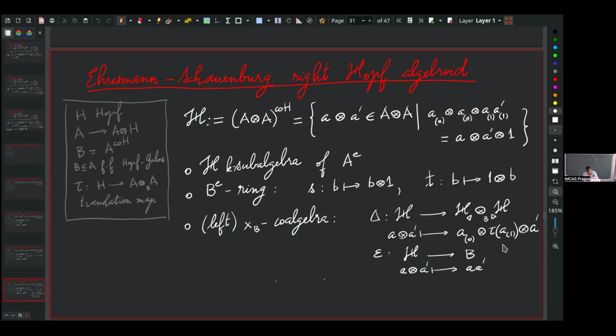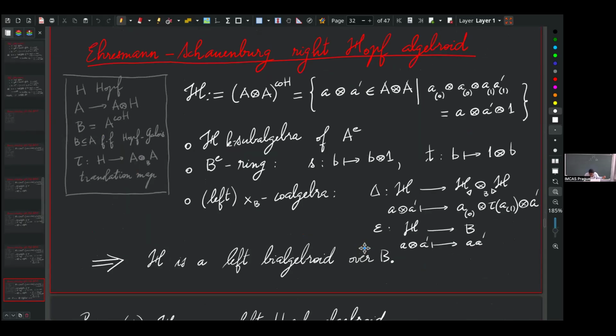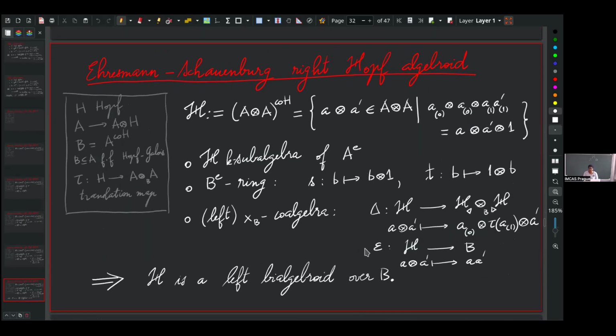As a result, I obtain an element in H tensor over B of H. And the counit is simply obtained by multiplication. From there, we use all the properties of the Hopf-Galois extension to show that delta is indeed well defined. It is multiplicative, so it lands in the Takeuchi product, and therefore we obtain a left bialgebroid over B.